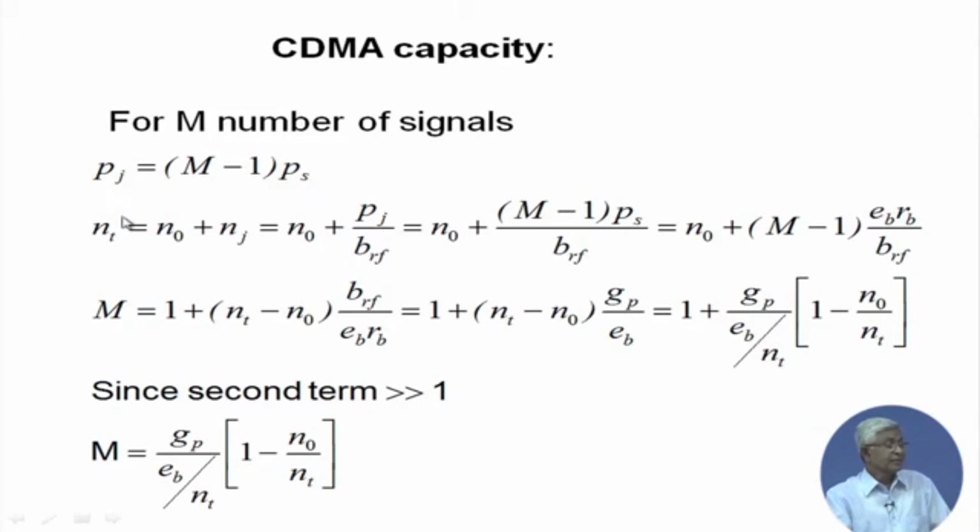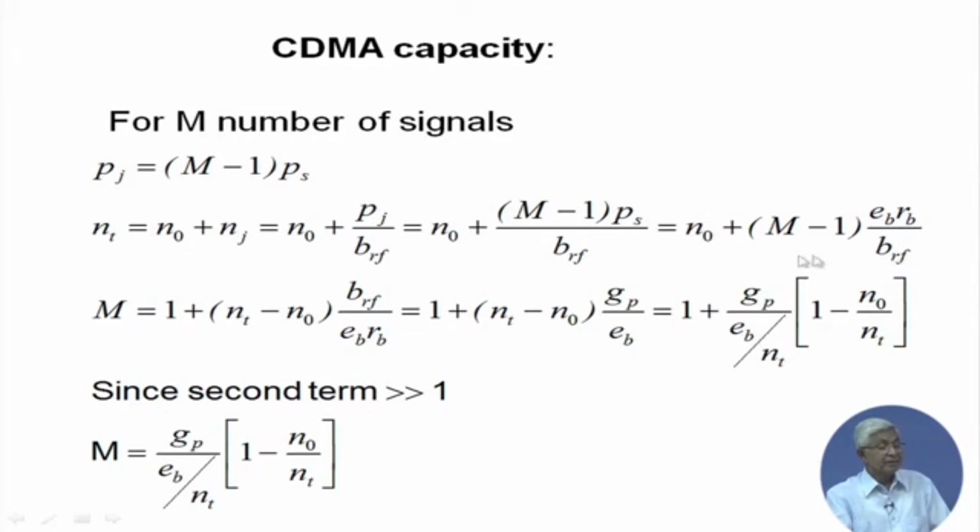As we started earlier, NT, the total noise power density, is N0 plus NJ, that is thermal noise plus interfering power, and NJ is PJ by BRF, and PJ is m minus 1 into PS. So NT is N0 plus m minus 1 PS by BRF, and PS we can replace with EB into RB, so m minus 1 into EB RB by BRF.